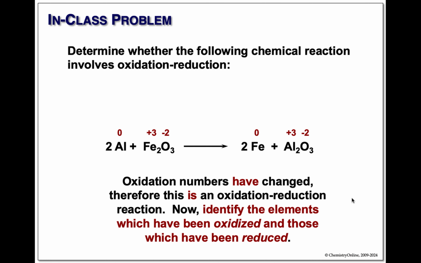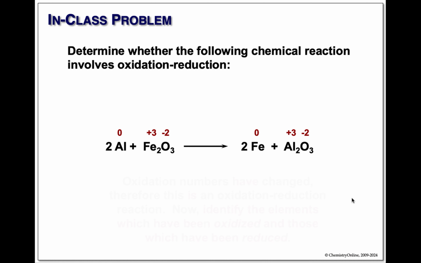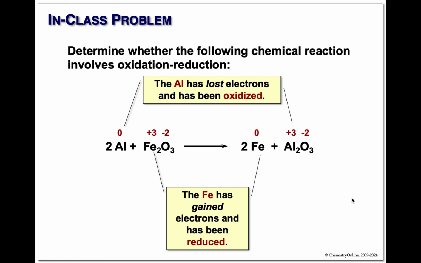To do that, it had to do what? Lose 3 electrons, right? Iron went from plus 3 to 0. It had to gain 3 electrons. Aluminum has been oxidized. Iron has been reduced.